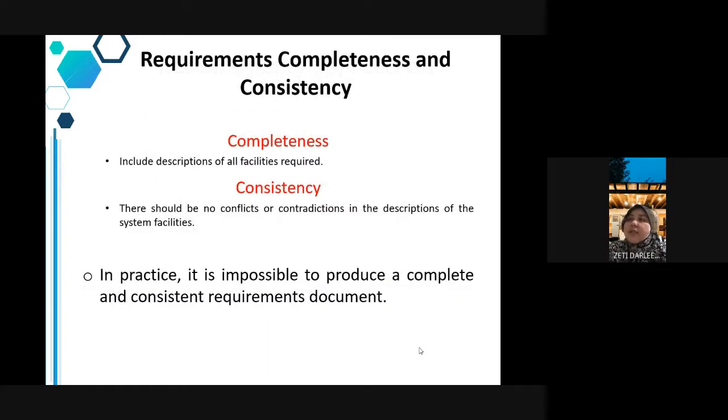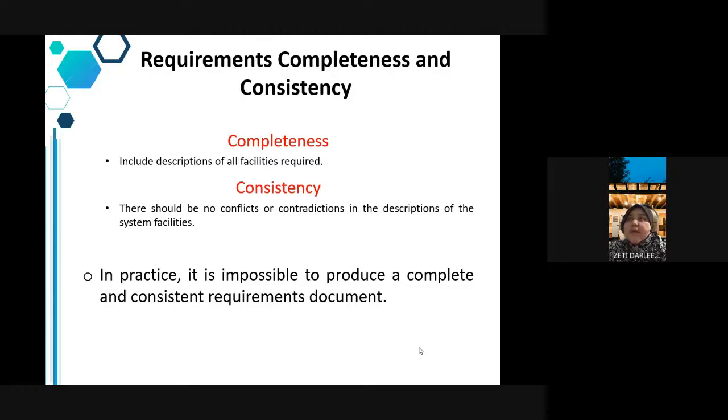Next is issues on completeness and consistency. So bila kita buat requirement engineering ni, especially on functional requirements, kita mesti complete lah, lengkap.